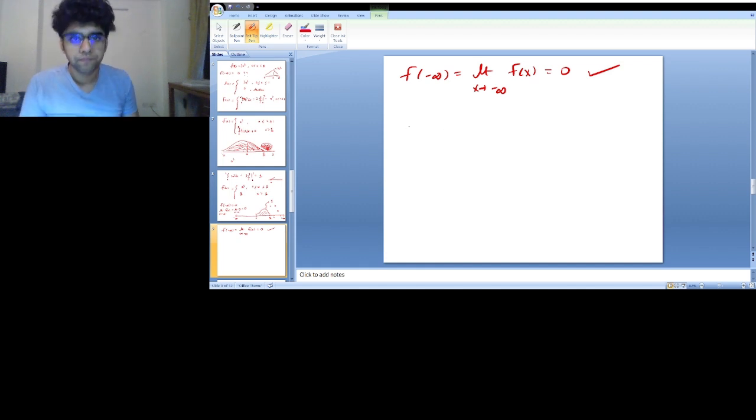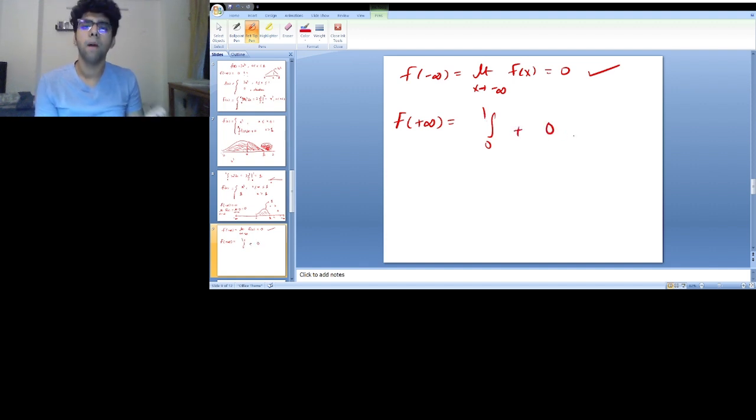Right. Now let's check the other value, when x is going to positive infinity. I don't have any PDF for x going to positive infinity, but I have a PDF for x going from 0 to 1, and the total area under the curve from 0 to 1 will be 1, right? So I'll write my CDF as the integral from 0 to 1 plus 0, because I don't have any PDF which I can integrate from 1 to x.